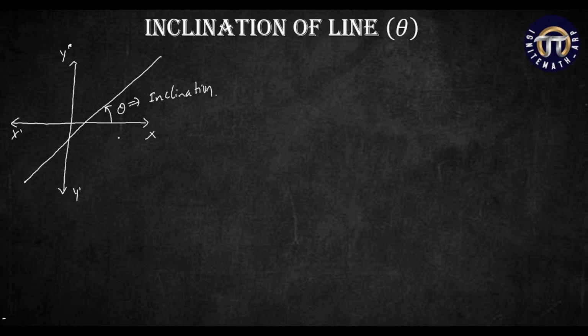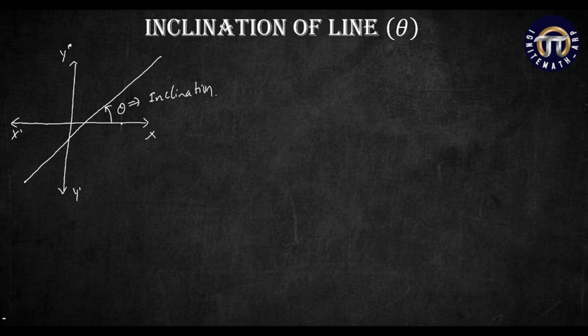If, for example, the angle is 45 over here, we say that the inclination of the line is 45. Inclination of the line is 60. Inclination of the line is 30.